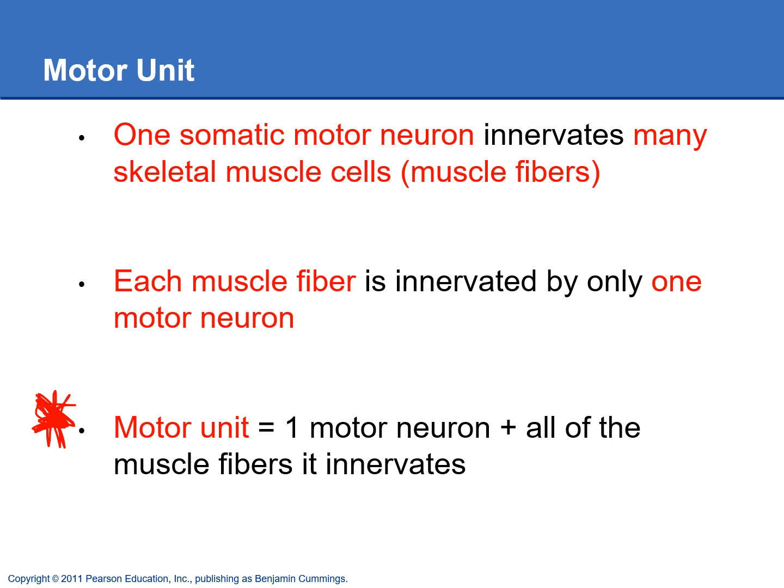So that's the other name for a skeletal muscle cell. You'll see them called muscle fibers. But each skeletal muscle cell or muscle fiber is innervated by only one lower motor neuron. So a motor unit is defined as one lower motor neuron plus all of the skeletal muscle fibers that it innervates. So let's take a look at some pictures here.